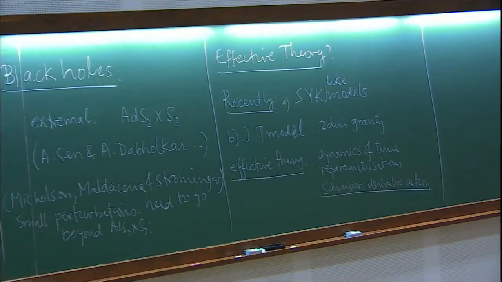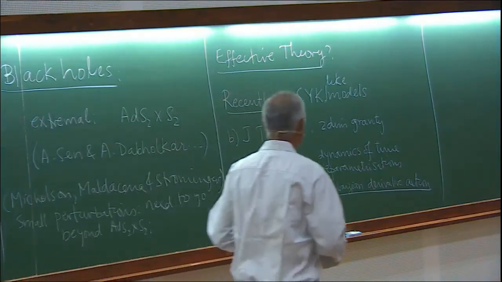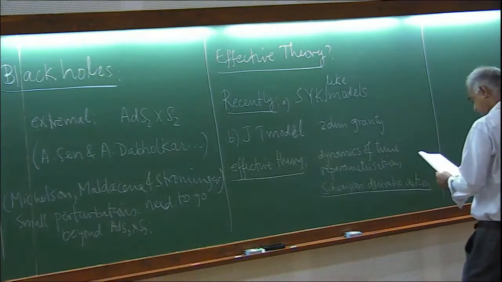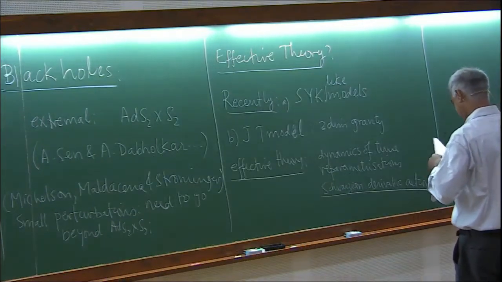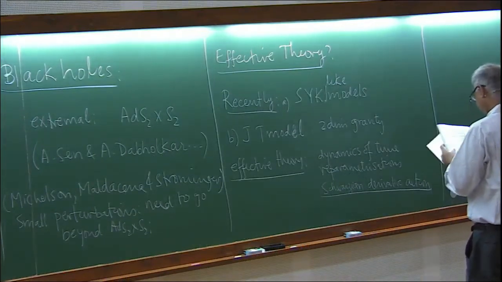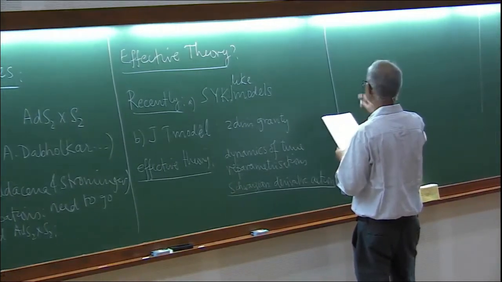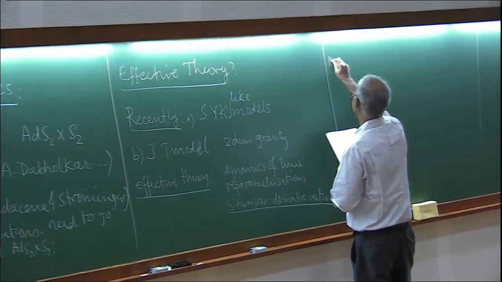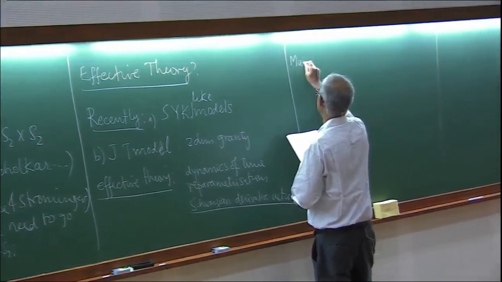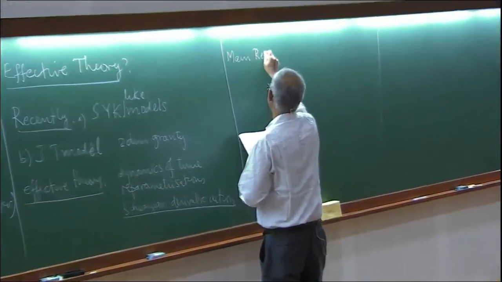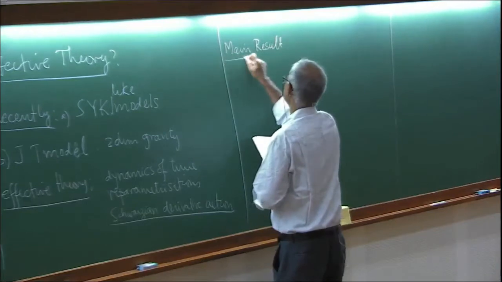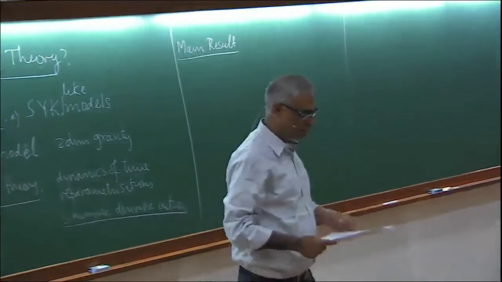Okay, now there is one caveat in what I will say today. So let me just write this down. So the main result is actually, now there's one important caveat today, and we are trying to go beyond that.